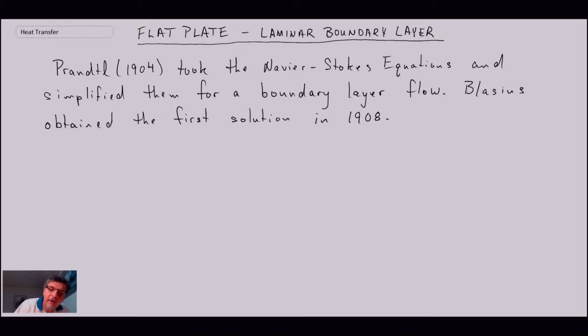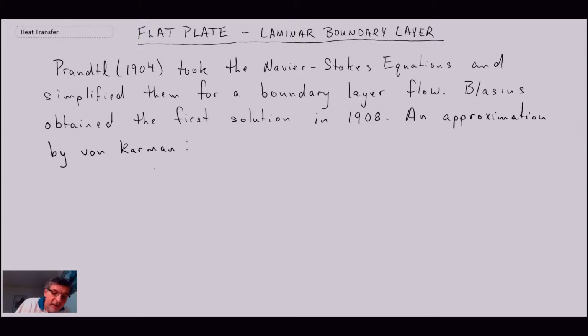Now, Theodor von Karman a little later played around with different types of profiles, quadratic, cubic, and he came up with approximations for the velocity profile, but it was not an exact velocity profile like Blasius's came out to be. And both von Karman and Blasius were students of Prandtl at Göttingen in Germany.